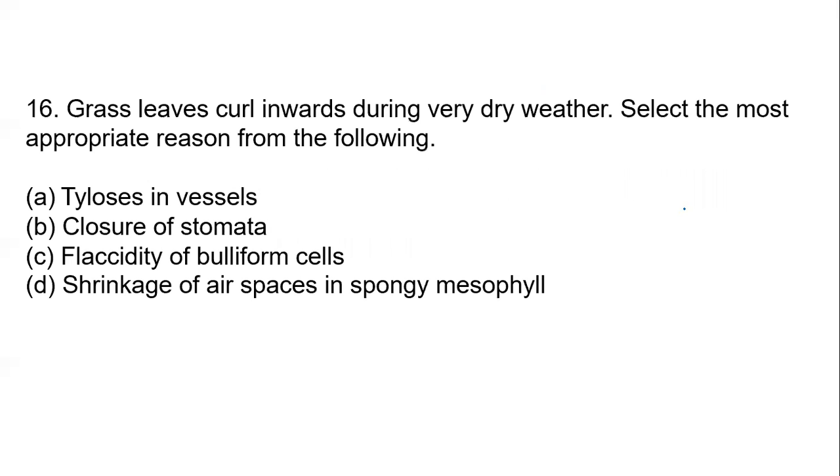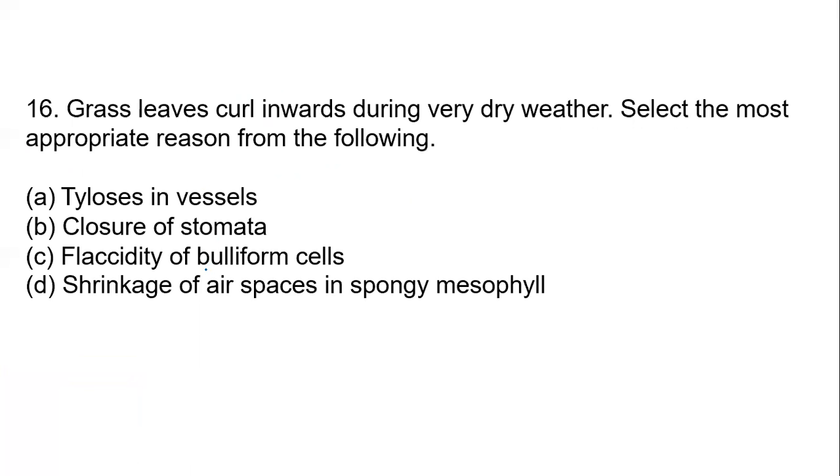Question number 16. This is a NEET 2020 question. Grass leaves curl inwards during dry weather. Select the most appropriate reason from the following: tylosis in the vessels, closure of the stomata, flaccidity of the bulliform cells, and shrinkage in the air spaces of the spongy mesophyll.